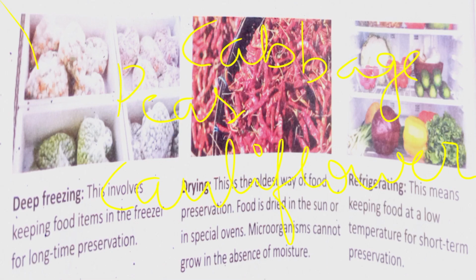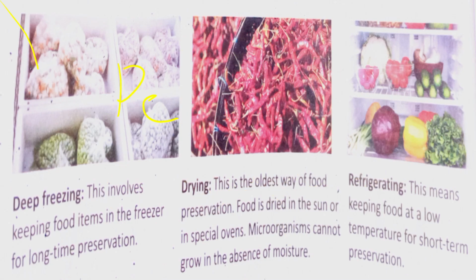Now we can also do the drying of the food like chilies, coriander, something like these, to preserve them from the microbes.